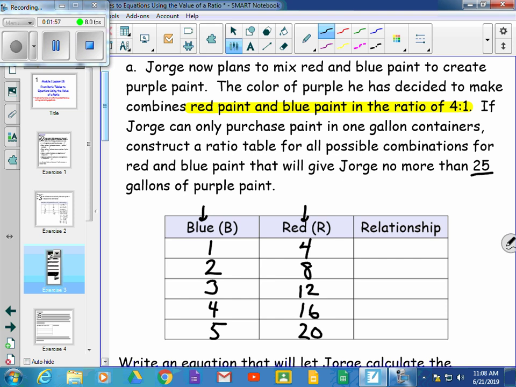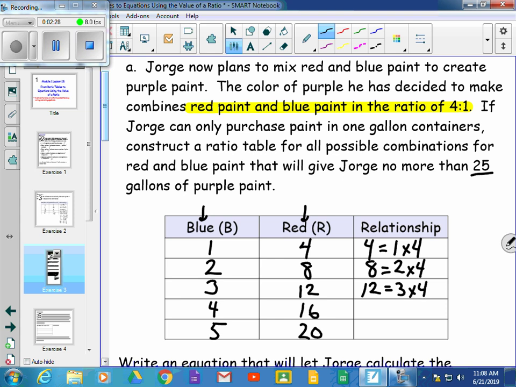Now let's look at the relationship. We figured out how much red paint we would need by taking how much blue, and in this case multiplying it by 4. Again, we're getting a pattern here.